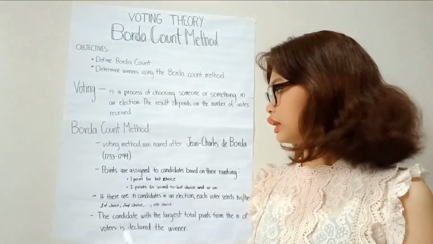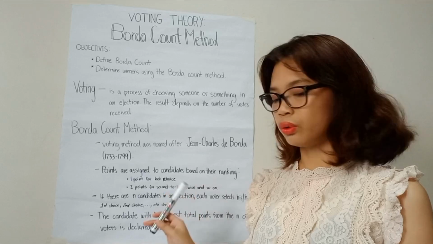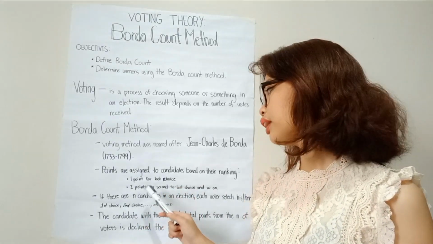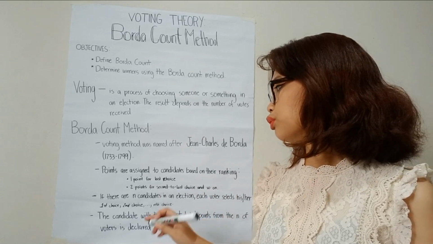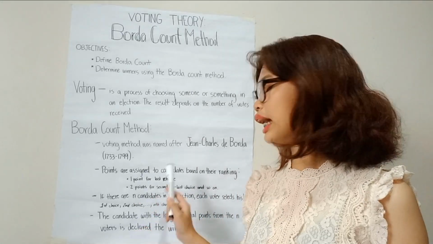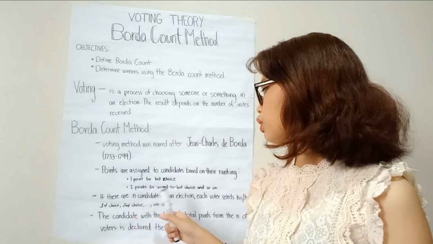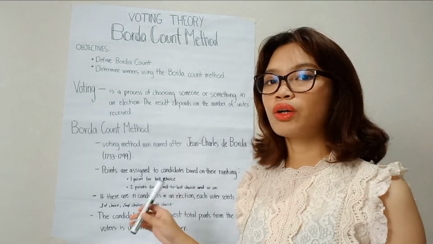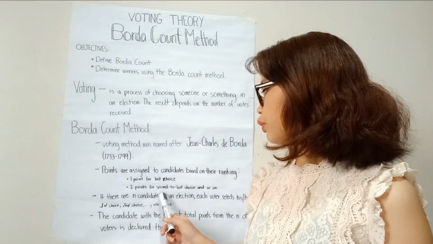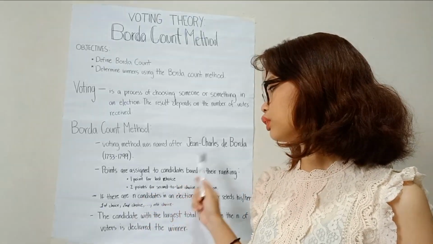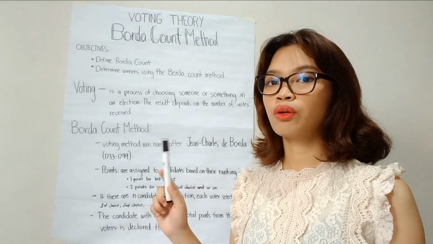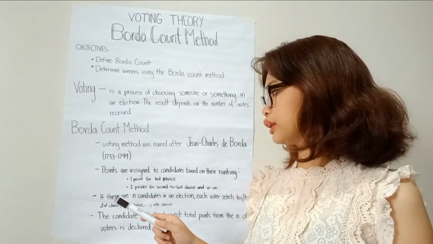The Borda count method includes points that are assigned to candidates based on their ranking. The last choice is equal to 1 point. The second to last choice is equal to 2 points.